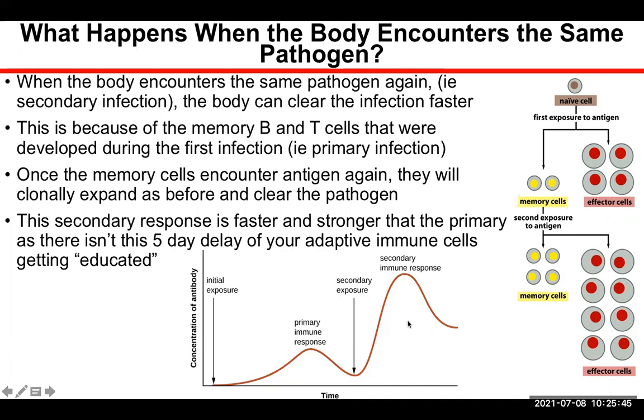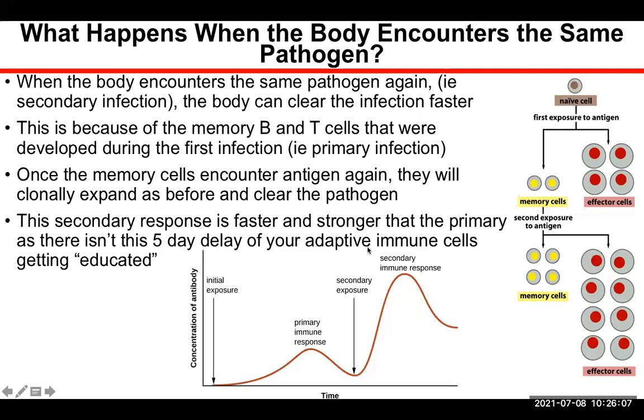And so this is important to understand because this is basically how our vaccines are designed. Instead of actually having a primary infection with COVID, we're educating our adaptive immune cells, so T cells, to recognize viral proteins as if we had a primary infection.